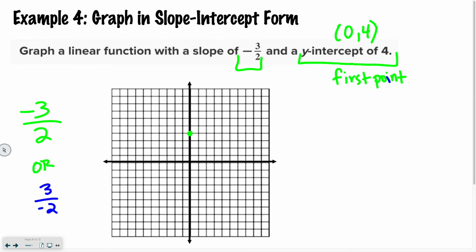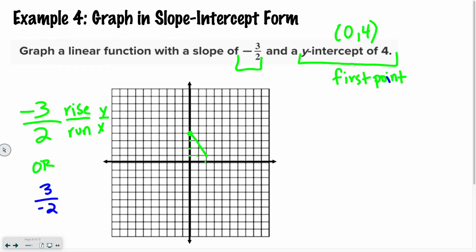So let's start with the negative 3 over 2. Remember, slope is rise over run, or the y over x. So if I have a negative 3 for the y value, I'm going to go down 3, 1, 2, 3, and then run a positive 2. So that means I'm going to go 2 in the x direction. Okay, so then that would go like that.